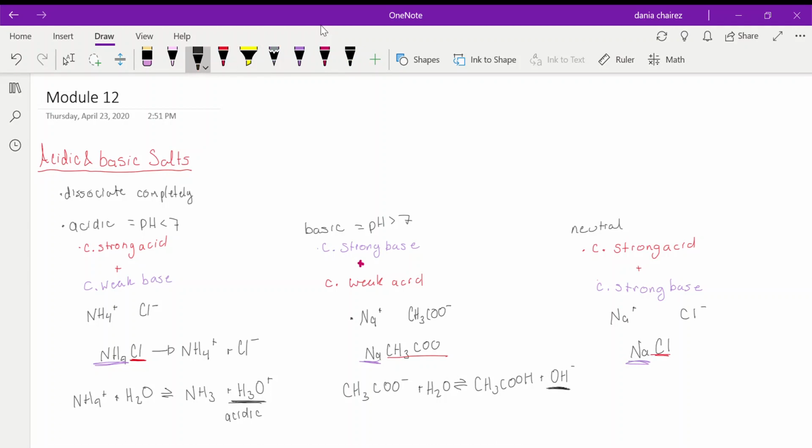And if you guys remember what I said before about how our strong acids are strong because they dissociate completely, as in their ions do not connect to water or anything else afterwards, they just remain like that, just surrounded by water. That's what happens here. So these neither raise nor lower your pH. So for a neutral salt, your pH is going to be equal to 7, if not very close to it, to keep it neutral.